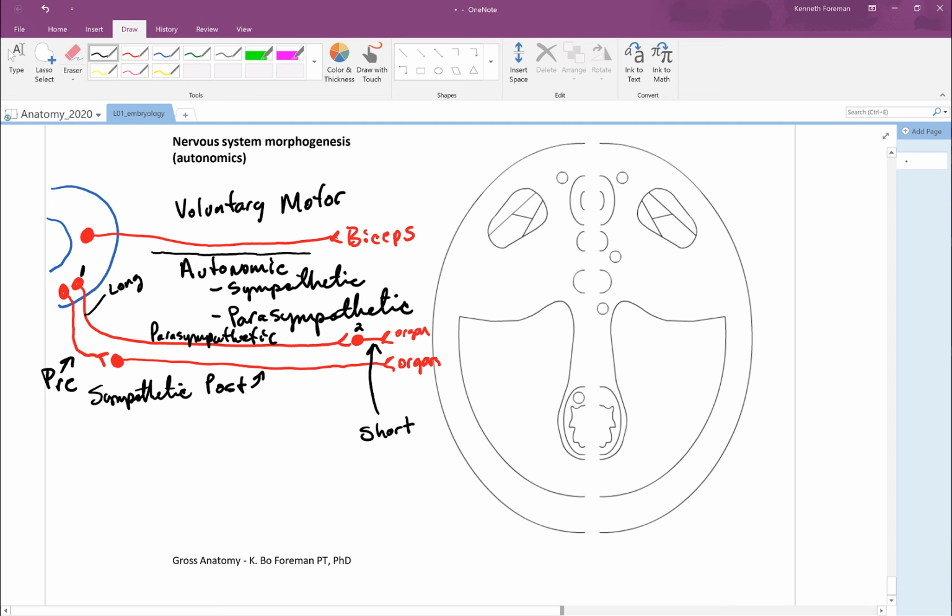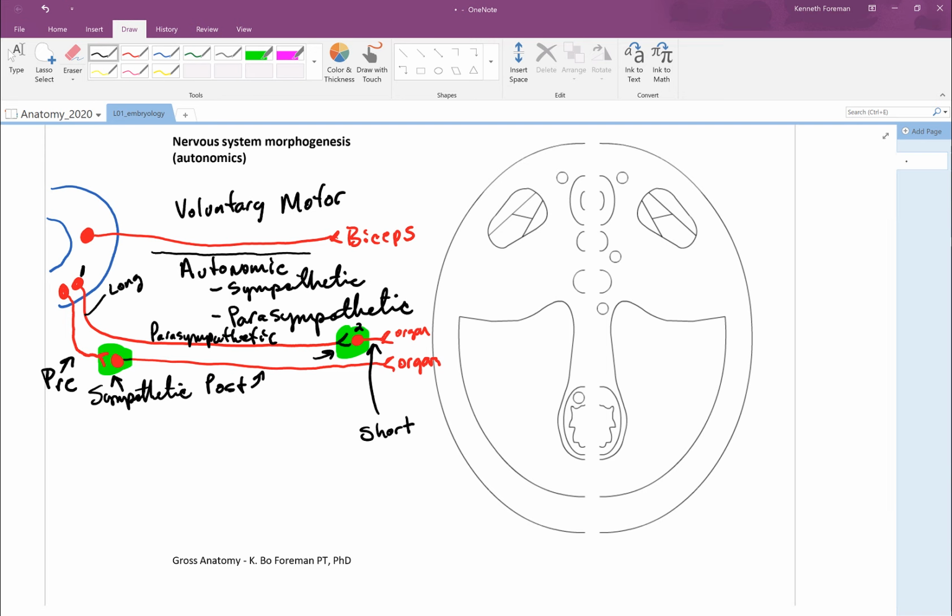So you might ask me, where are these ganglion located? Here's one, and here's one. Well, the ganglion right here, that one for parasympathetics is going to be really close to the organ, or sometimes even in the organ, whereas the one for sympathetics is typically within the sympathetic chain and ganglion, right along the spinal column.